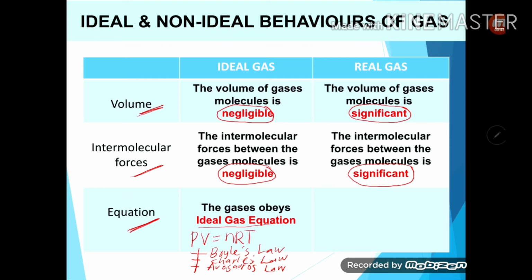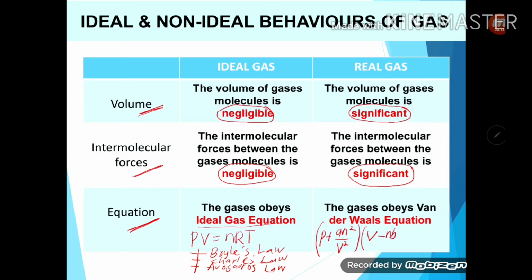But in real gas, the gases obey the Van der Waals equation. And the Van der Waals equation is P plus a n squared divided by V squared, multiplied by V minus nb, equals nRT. So, after this, we will go further into the Van der Waals equation.